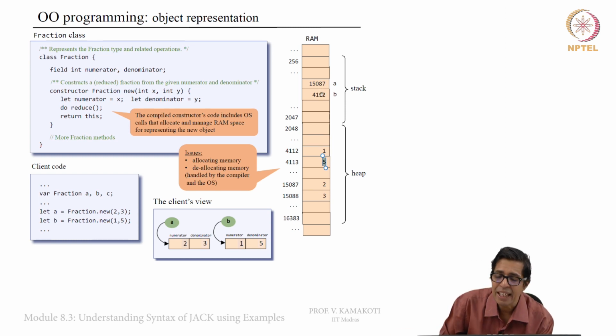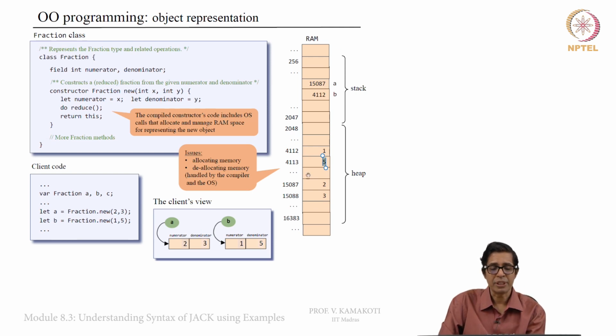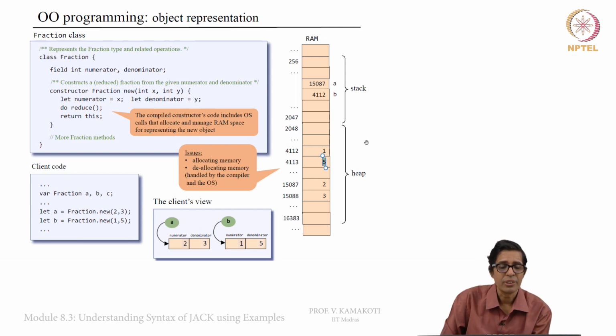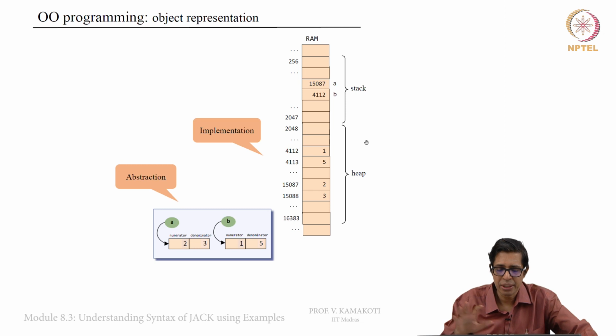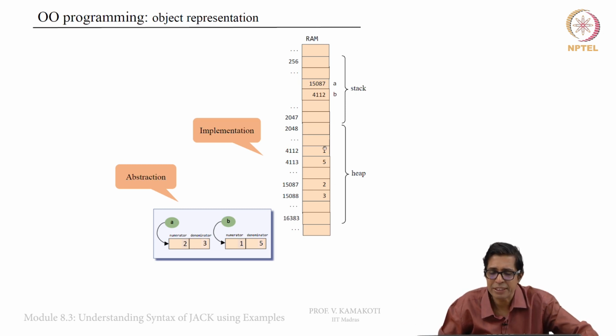The moment I say deallocate a, it will go there, find 15,087, and since a has two objects inside it, it will free 15,087 and 15,088. Similarly 4112 and 4113 will be freed. So this is basically how the fraction works. This is the actual implementation. This is the abstraction of a and b, and this is the implementation of a and b, right.